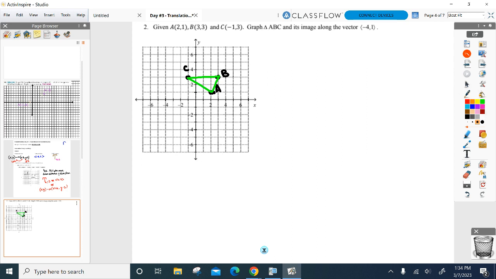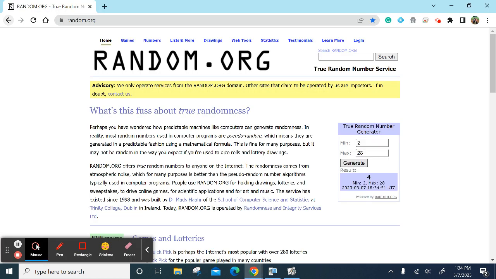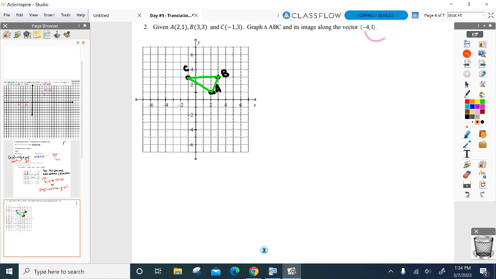And translate it along the vector negative 4, 1. So somebody, before we even start, what direction and distance am I going? Negative 4, 1. Where are you going? To the left 4 and then up 1. Good. Left 4, up 1.